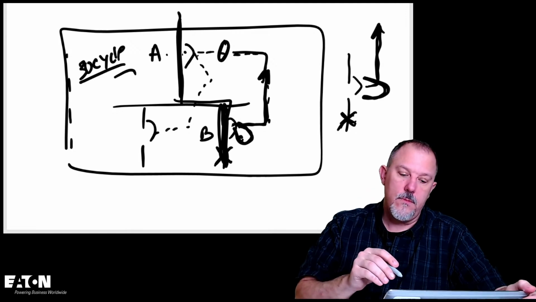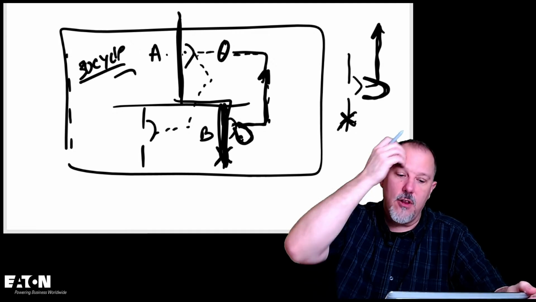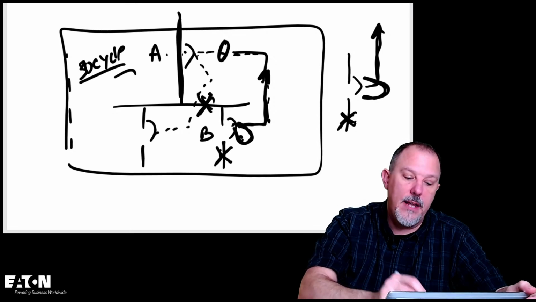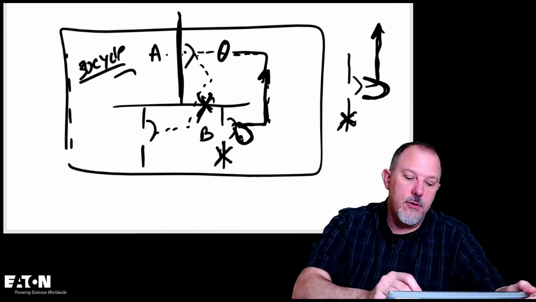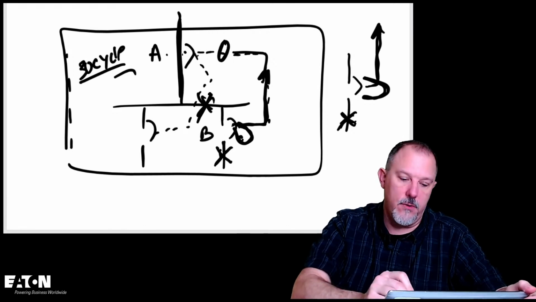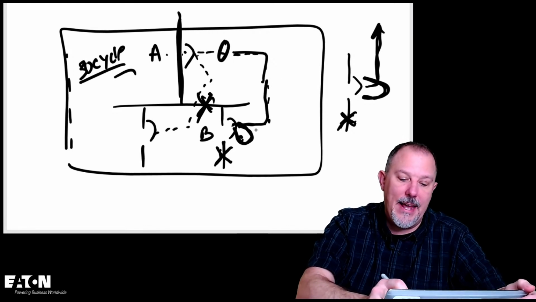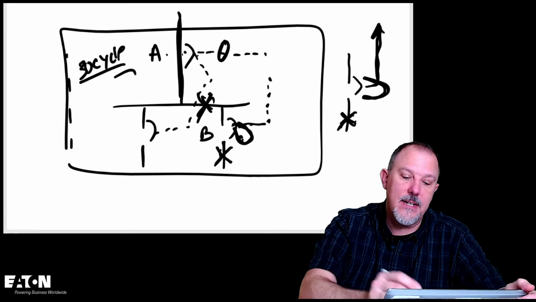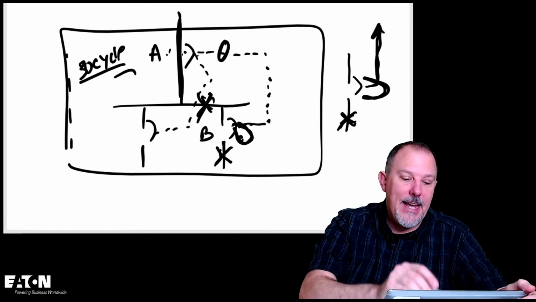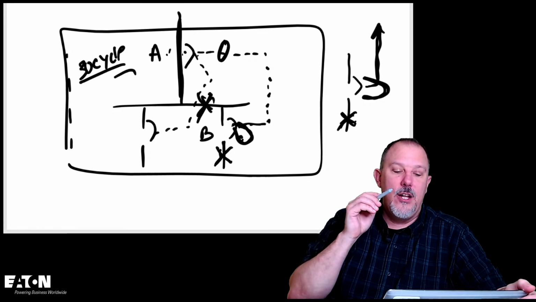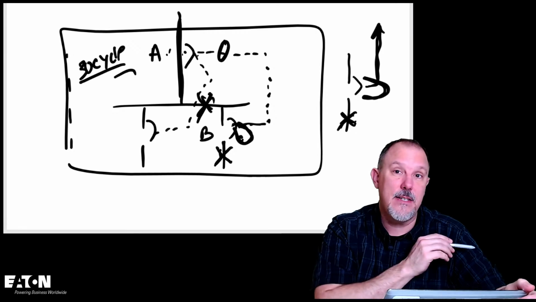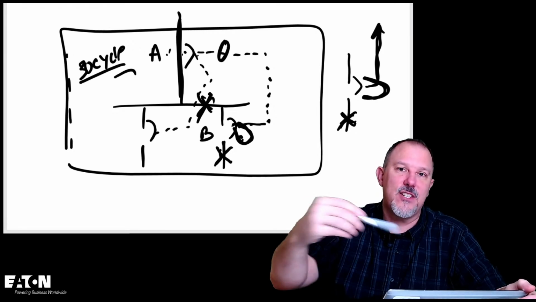So where zone selective interlocking is beneficial, and when it is used, is when I have a fault in between these two devices. So device B does not see the fault. It does not send what we call a restraining signal. It does not send a signal to the upstream device A. A sees the fault, looks at its terminals for the restraining signal from the downstream device, doesn't see it, so it knows it's the last one in the series.